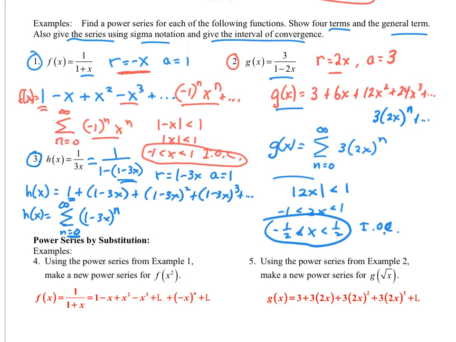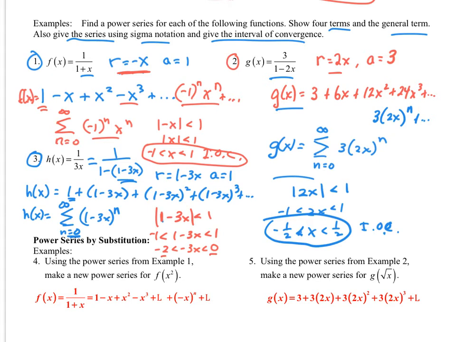Now the last thing is, what's my interval of convergence? Let me do this in red so you can see it better. The absolute value of 1 minus 3x has to be less than 1, so that has to be between negative 1 and 1. And if I solve that out, I'm going to add negative 1 to every side, so I get negative 2 and 0. Divide by negative 3.